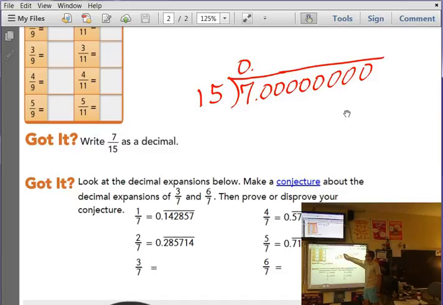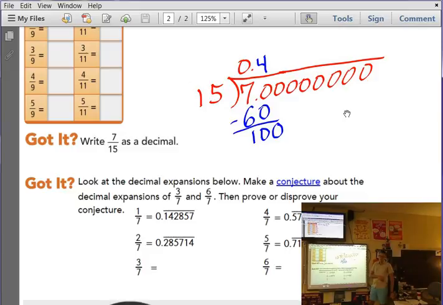Colin? It is 4. 4 times 15 is 60. Sorry, I was thinking 90 instead of 70. Look, we all make mistakes.